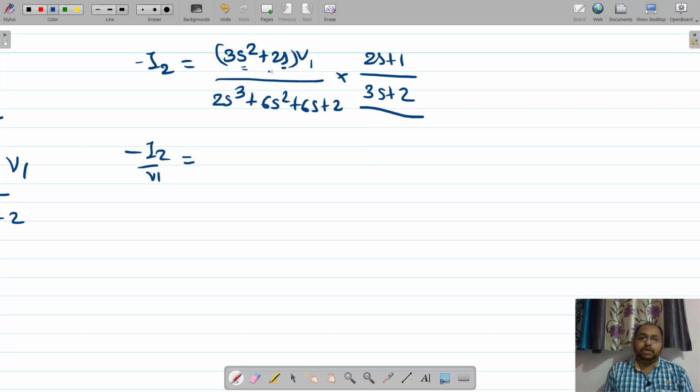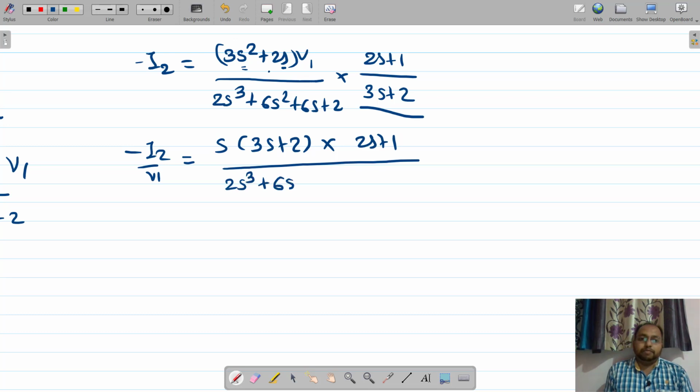So s is common, (3s plus 2) into (2s plus 1), divided by (2s cube plus 6s square plus 6s plus 2) multiplied with (3s plus 2), so that I can cancel out these two.